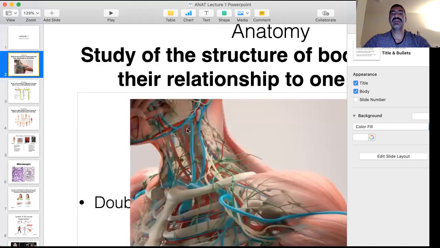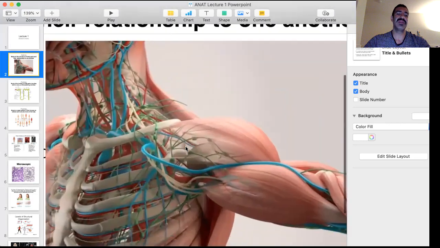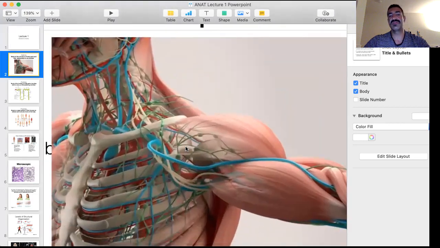So anyways, anatomy, what is it? It's a study of the structure of body parts and the relationship to one another. Broad term. But if we look at the human body, and of course, this is an artist's rendition, people think that with the human body there's all this space inside.